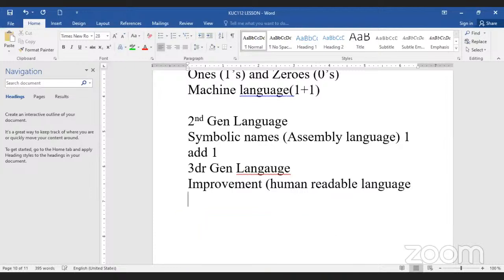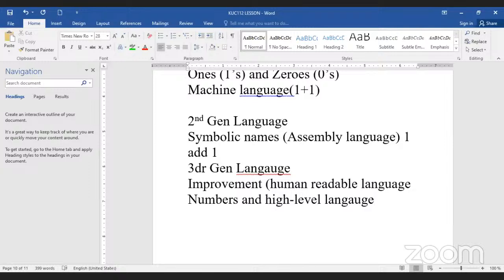It used what's called high-level language. And we say that high-level languages are human understandable languages, and that's how the computer is used.